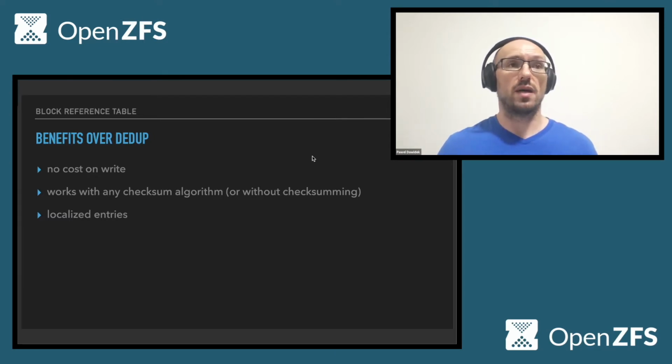So if you have one file with a few blocks, you may end up reading from totally different places in the dedupe table. With the block reference table, there is a high chance that all the entries you need are very close to each other.